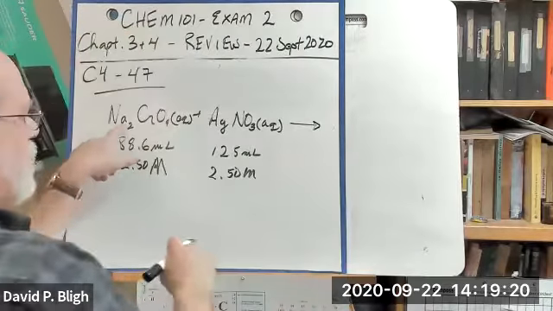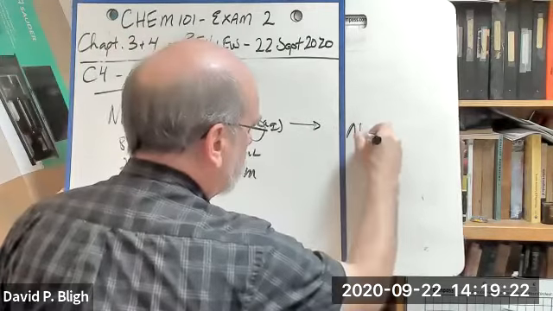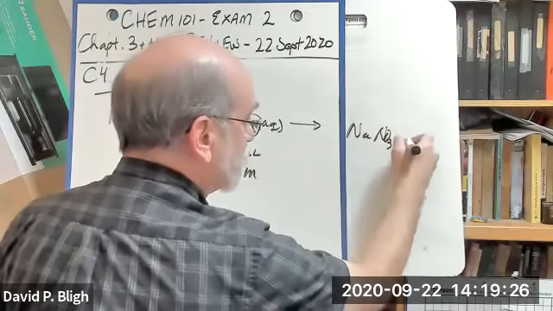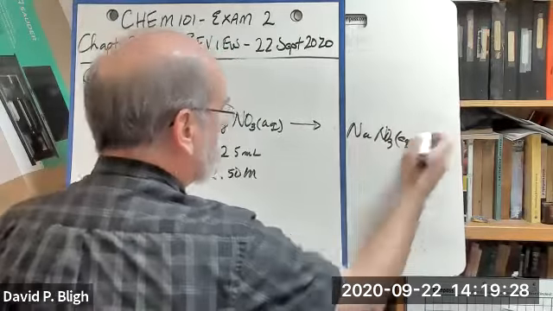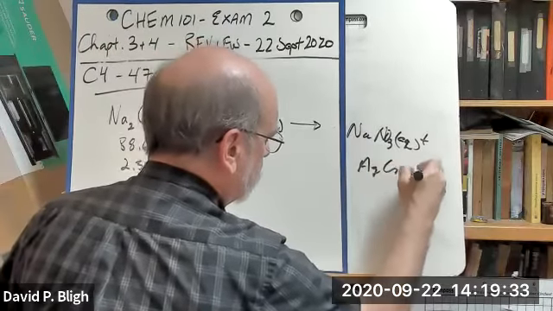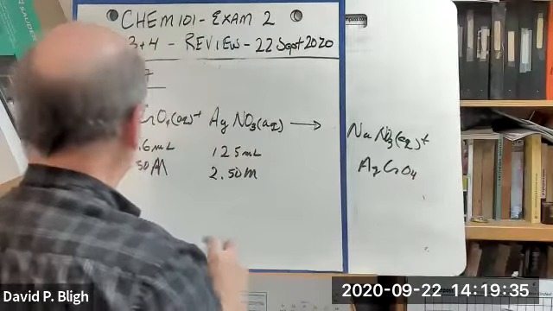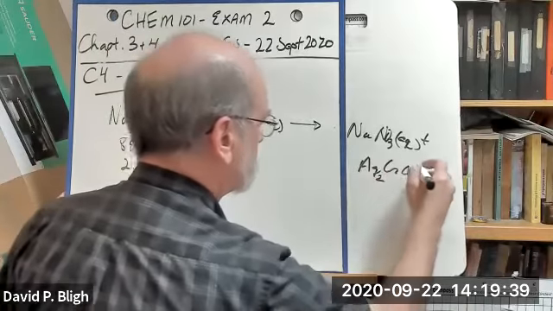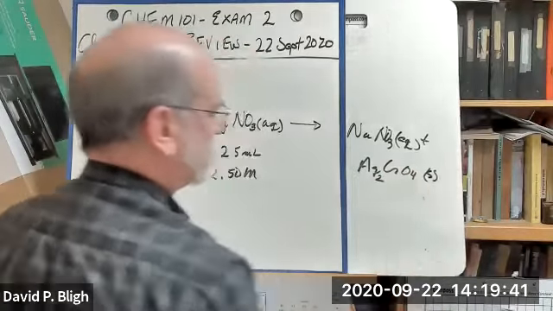So what do you get? You get sodium nitrate, which is soluble. All nitrates are soluble. And silver chromate. Look it up. Silver chromate. This is 2 of these. Is a solid.